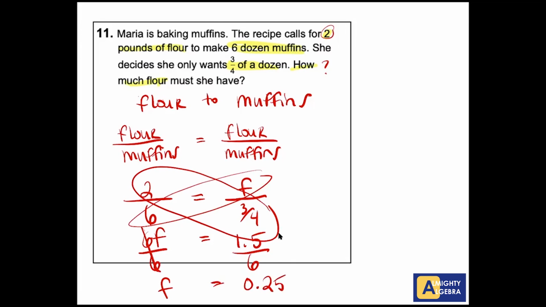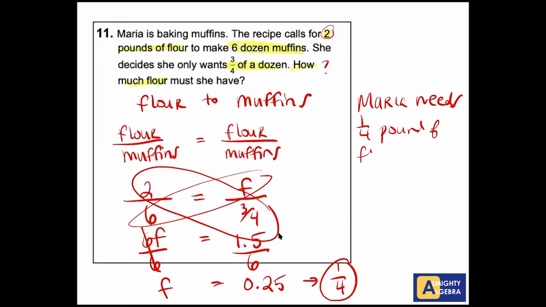Now I can convert that back to a fraction, and that's a very common one. It's 1/4. So Maria needs 1/4 pound of flour to make this recipe. That's my final answer.